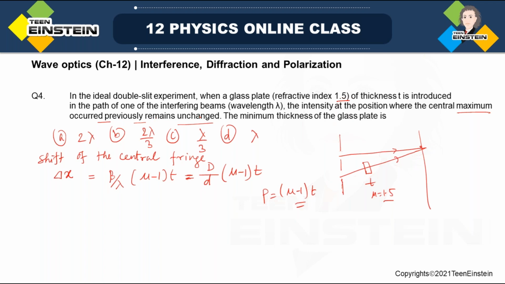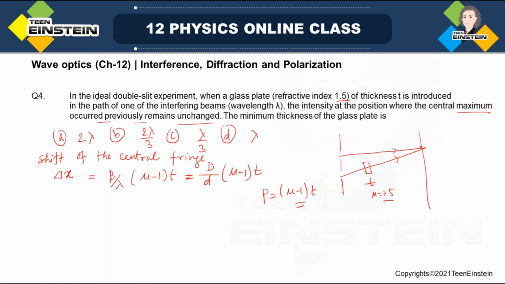So in the question it is said the thickness of the glass is such that this shift is not occurring. The position of the central maxima remains unchanged. Then what will be the minimum thickness of the glass plate?